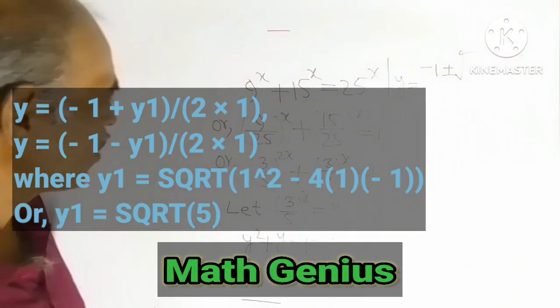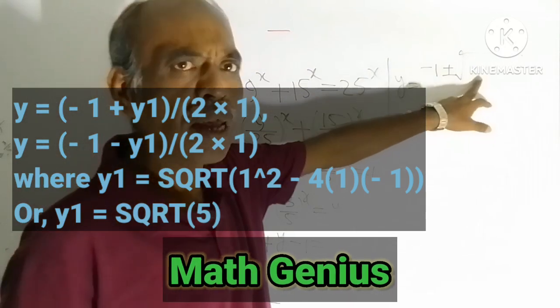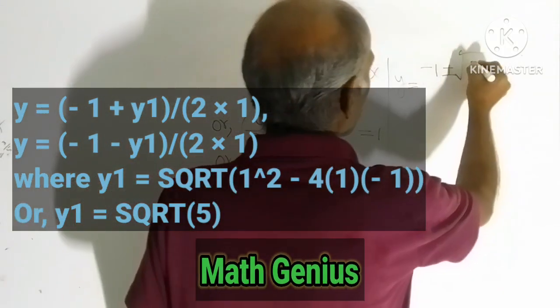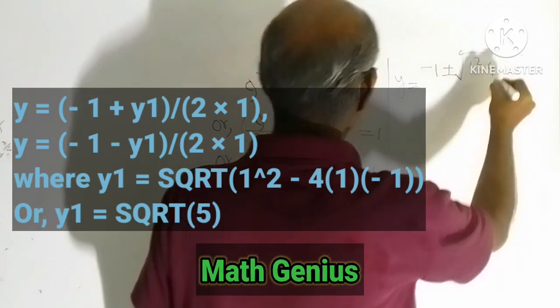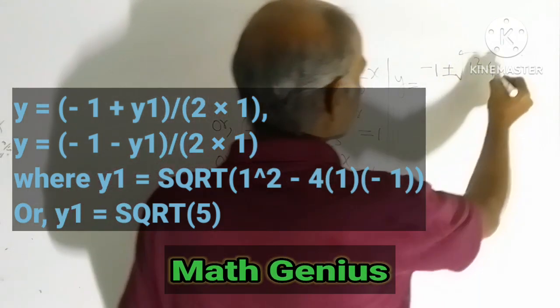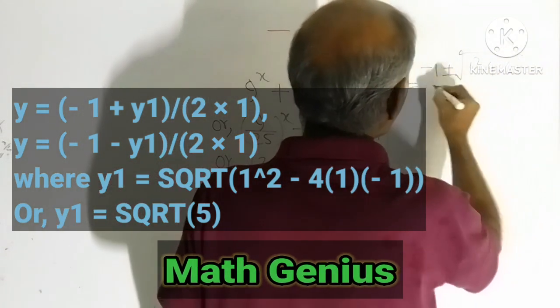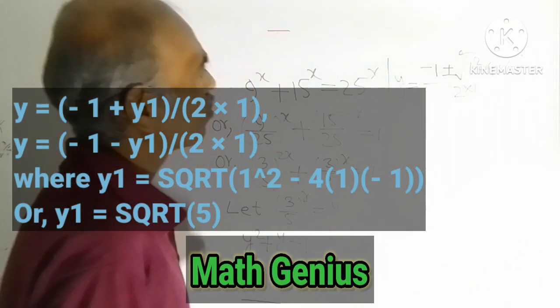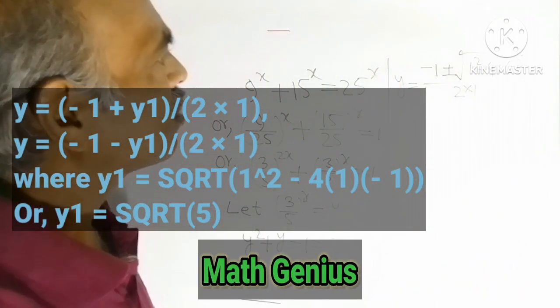Okay, and here will appear b square, means 1 square, minus 4ac. a is 1 and c is how much? c is minus 1. Okay, by 2a means 2 into 1. Right? So this is the result.